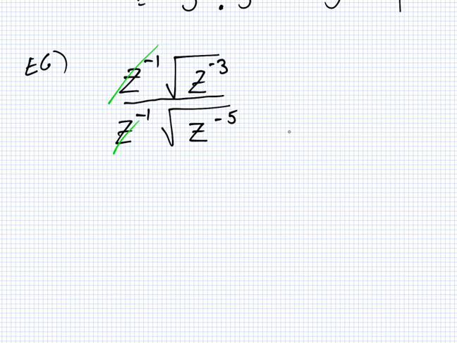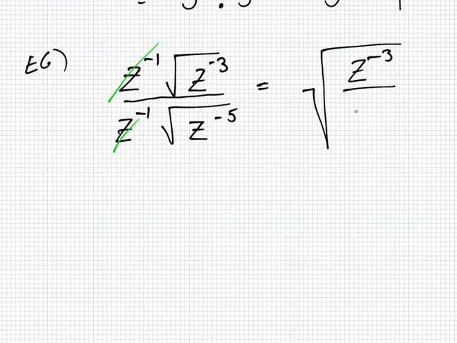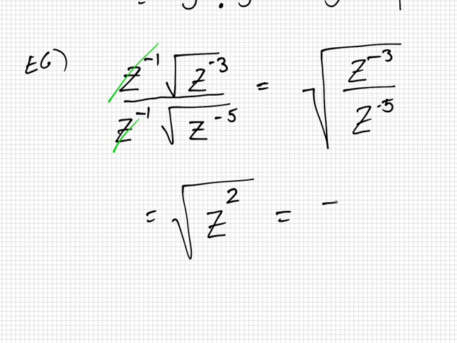What's next? Yeah, I can put this under one large root. And then I can use which rule? Second rule, thank you, minus 5. So that would be z squared, which is z squared power a half, because of the square root.